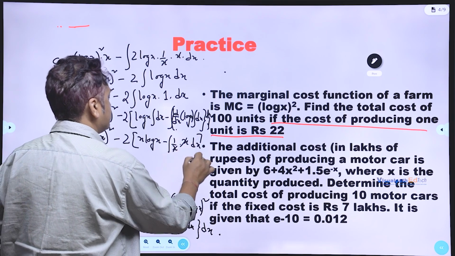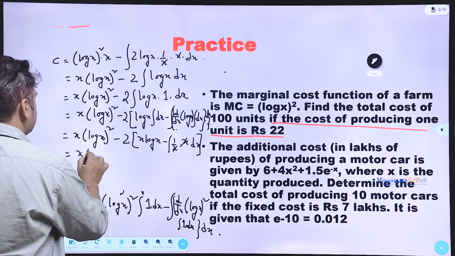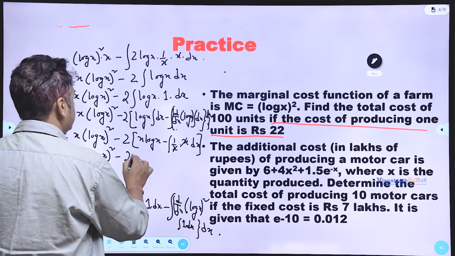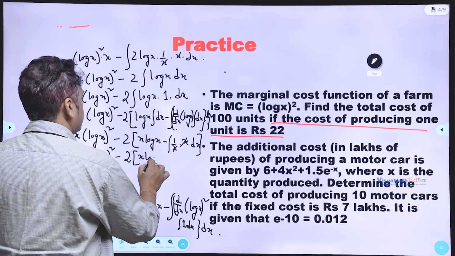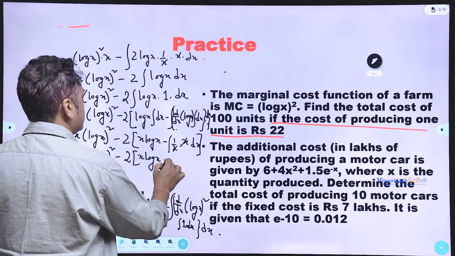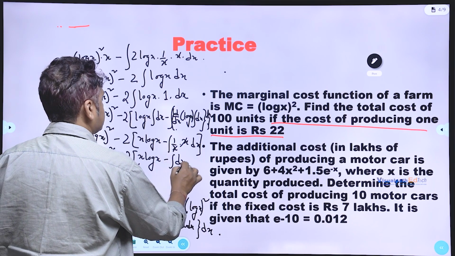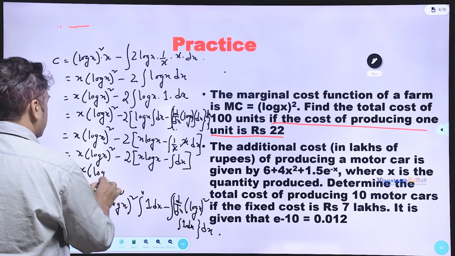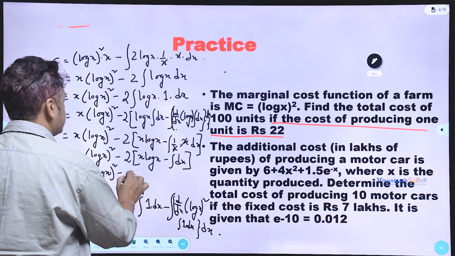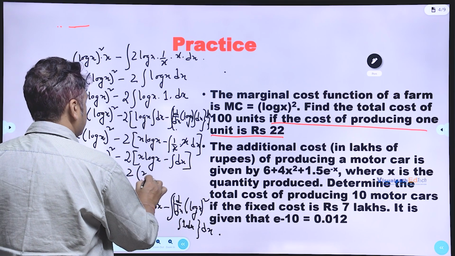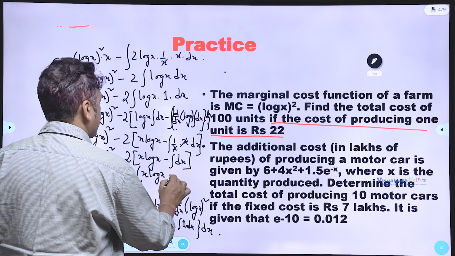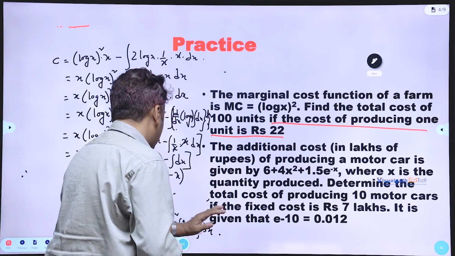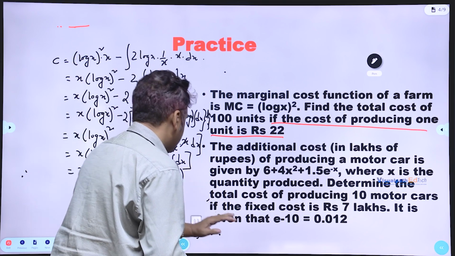These two get cancelled. So we are left with x log x whole square minus 2 into x log x minus integral dx, which is equal to x into log x whole square minus 2 into x log x minus x. Okay. So there we have reached our final step of doing the integration.